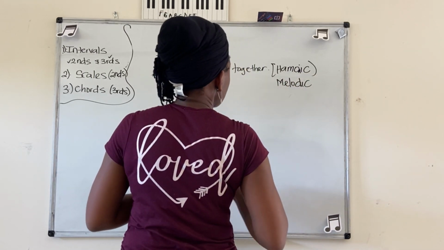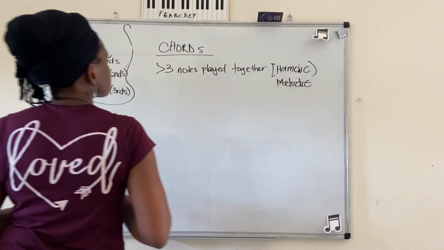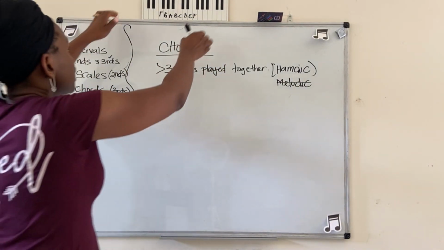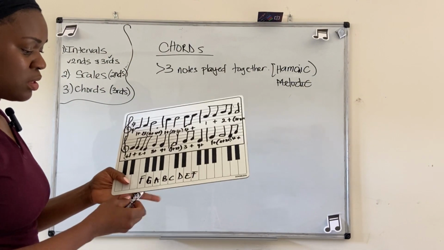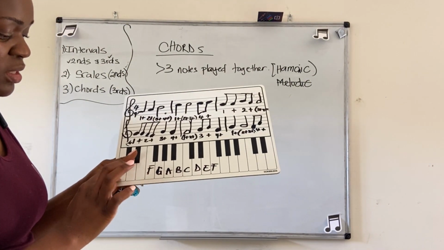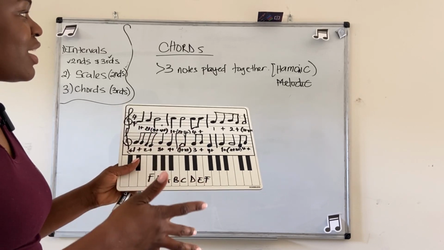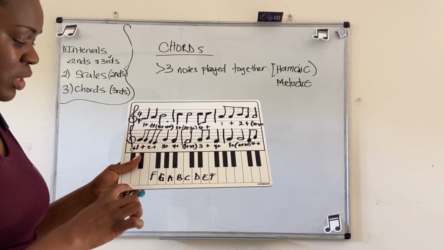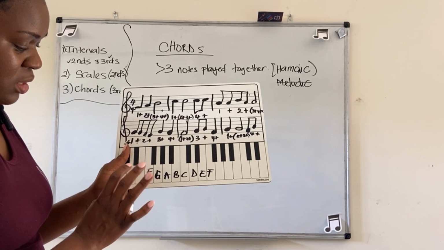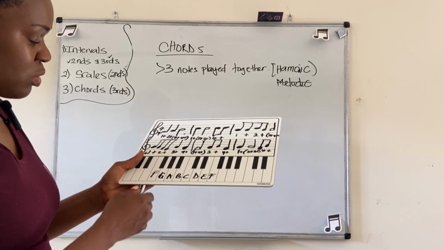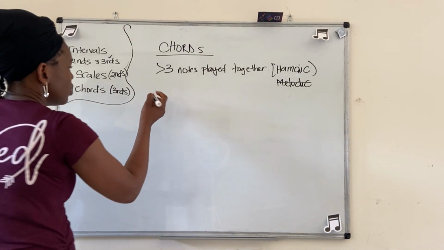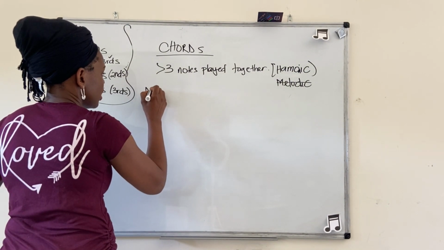We're talking about harmonic. So if I take C, D, E, C, D, E, that's melodic. When I play C and... major chords have a formula.